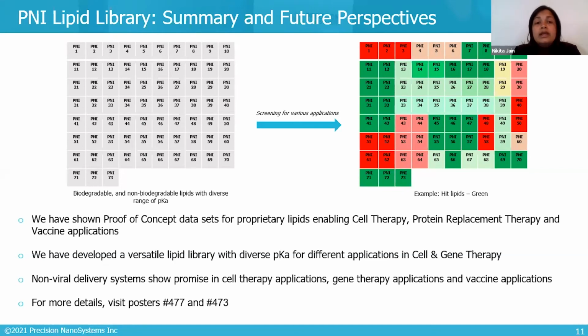So depending upon the type of application, we can choose a certain set of lipids and screen them for that application. Once we find the hit, for example, the green ones, we can take them further down the road until we find that one winning lipid for that kind of application. So we do have quite a decent number of lipids in the library, along with some proprietary compositions.